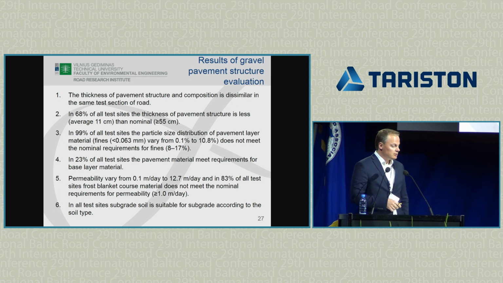And results of gravel pavement structure, it can be stated that thickness of pavement structures and composition is dissimilar in the same test section. So if we test, for example, a road section of about 4 kilometers, even in that short distance, the pavement structure was dissimilar.